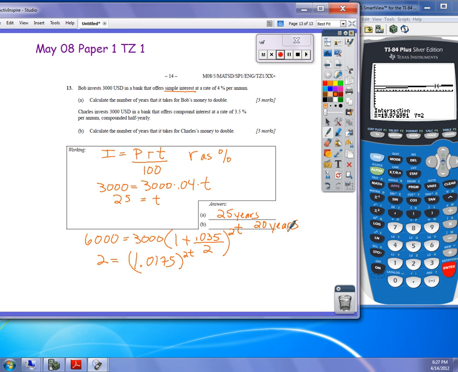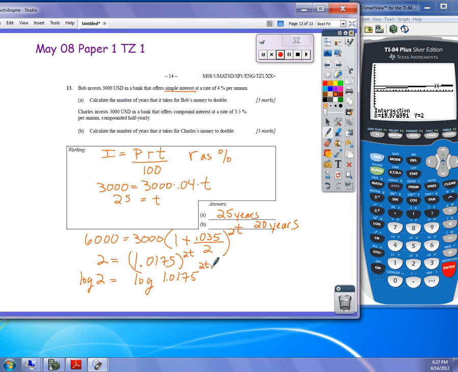Now, let's see how we would do that problem using logs. Again, logs are not part of the IB Math Studies curriculum, but everybody in the room has had Algebra 2, and it might actually be easier for you to do this problem using logs. Take the log of both sides. The log of 2 is equal to the log of 1.0175 to the power of 2t.